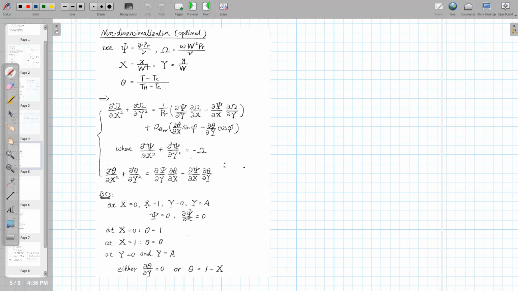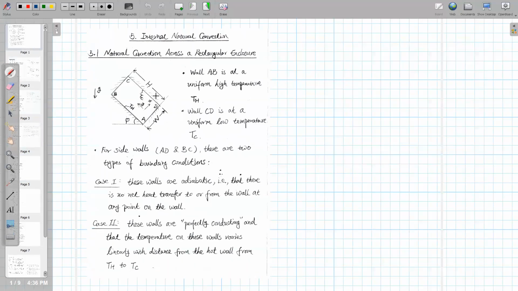One thing you need to notice is that when we define x and y, we're using W, we didn't use H. The reason is very simple. For the problem we have here, we have the constant high temperature on the wall AB and the cold temperature on the wall CD.